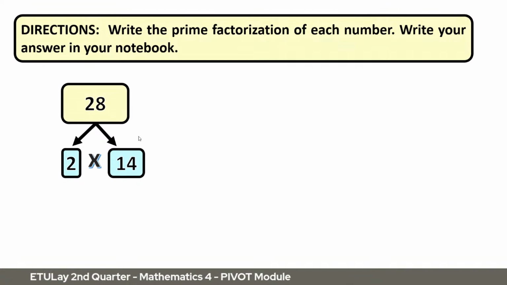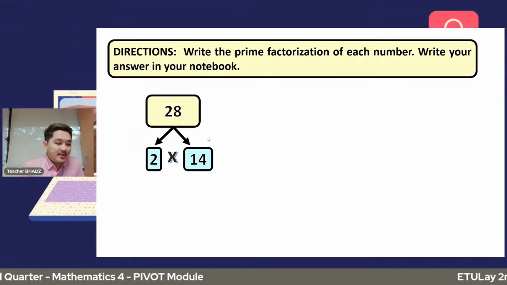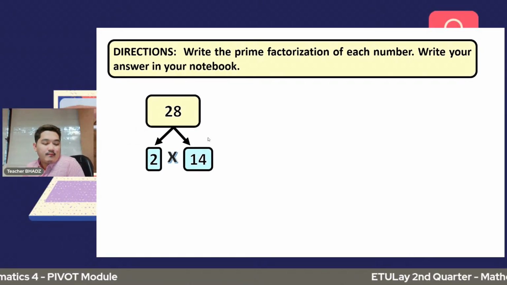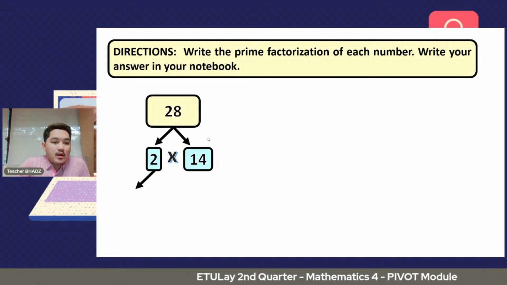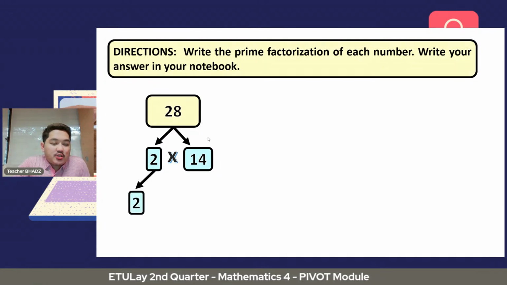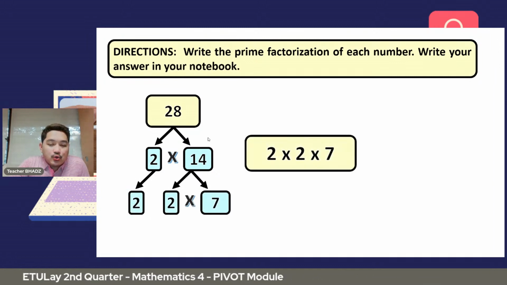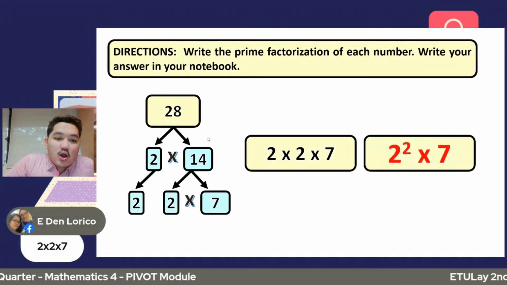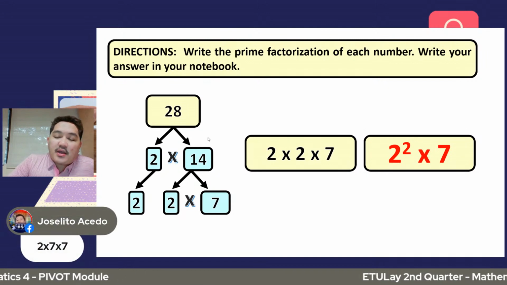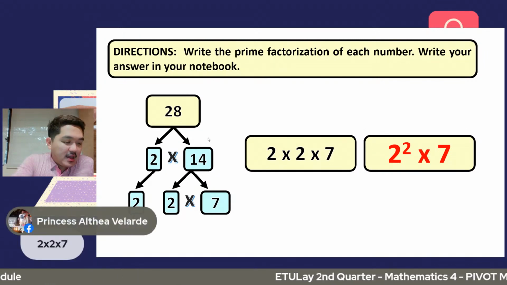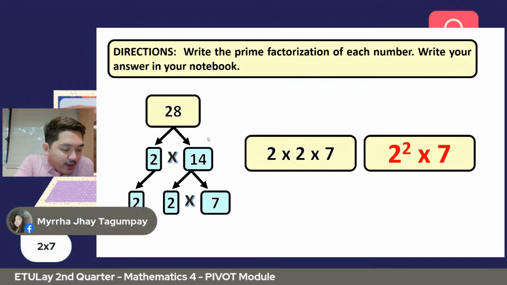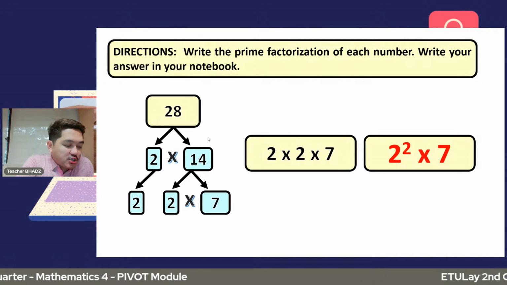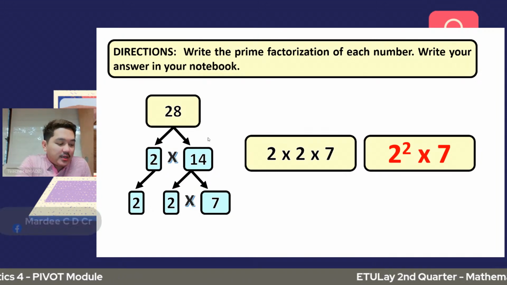Ayan, meron ng isa nakatamang sagot. Makikita ko na. For our fourth question, the correct answer is 2 times 2 times 7 or 2 to the second power times 7. Congratulations, Rosemary, Joselito, Kian, Alfonso, Princess, Winwin, Patricia, and Menchi Rodil at si Mardy.